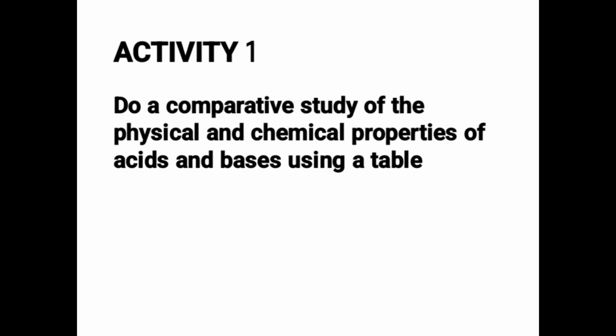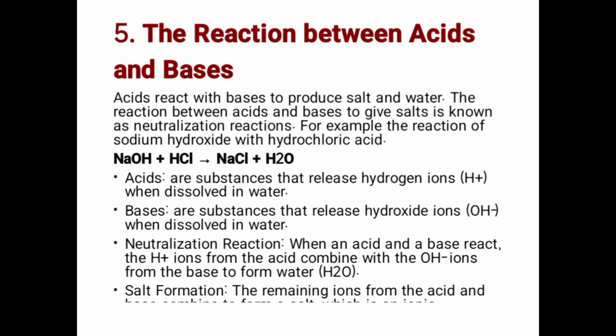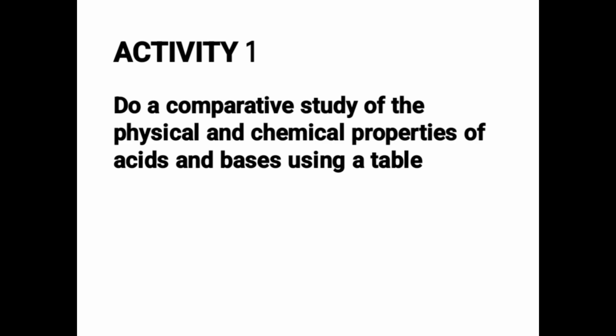So far we have looked at about 5 chemical properties, and a minimum of 7 physical properties of acids and bases. Now, the activity you need to do here is a comparative study of the two.